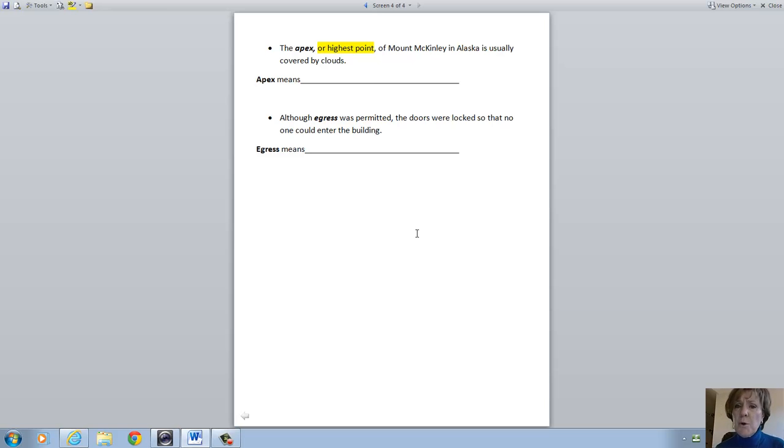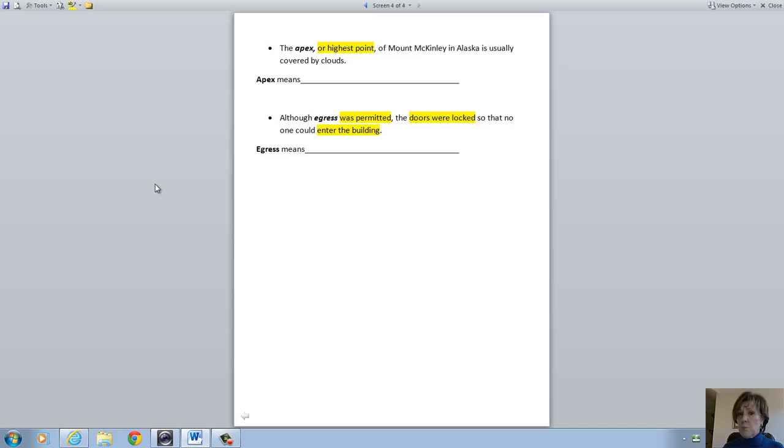Although egress was permitted, the doors were locked so that no one could enter the building. Egress. Whew, what does that mean? Okay, let's look at this. Doors were locked. And it said, although it was permitted, so that no one could enter the building.